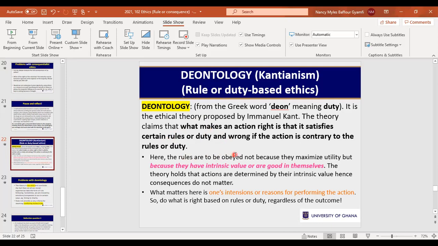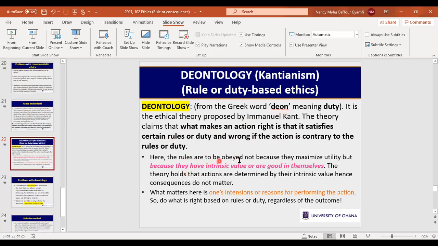So for your purposes, just study it this way: deontology, action that is performed out of duty, out of duty, that action is right.